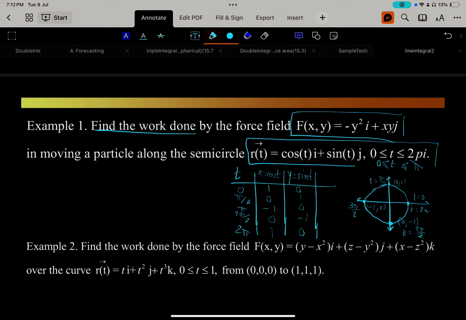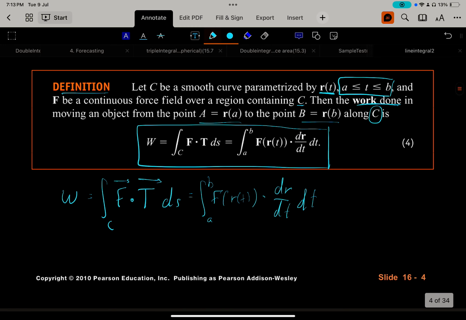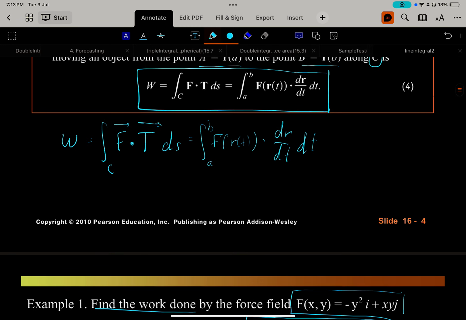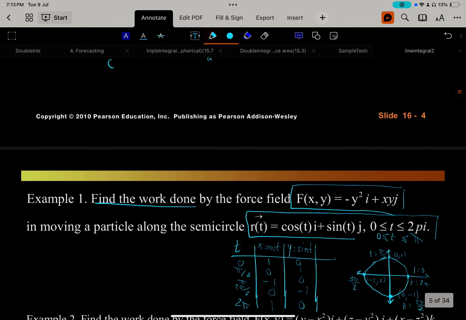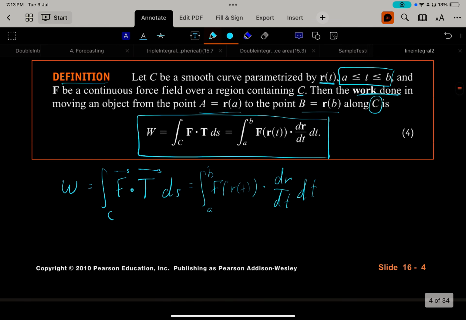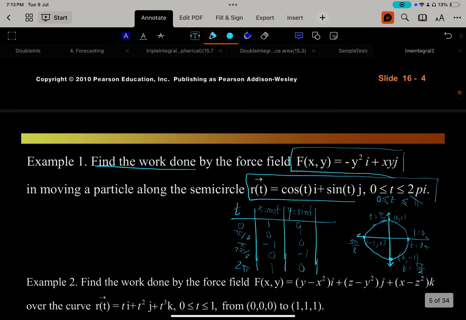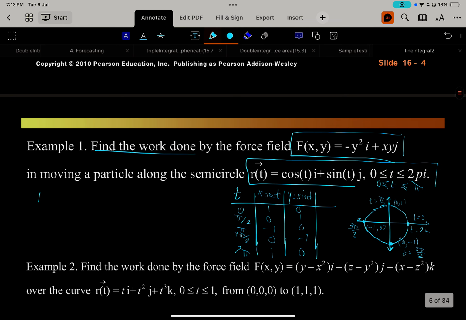And now since we drew this, let's just find the work. So the work is basically, we said, F of r of t times dr over dt. So now let's plug in r of t. W equals the integral. Let's find first F of r of t. Now this is basically minus y squared i.